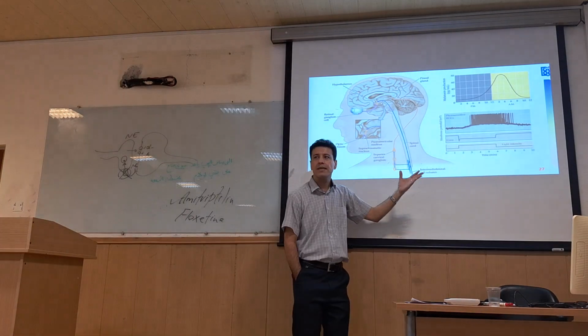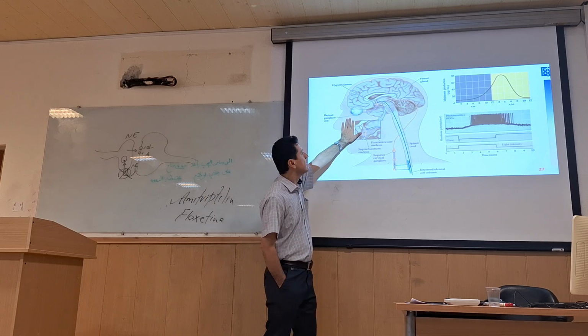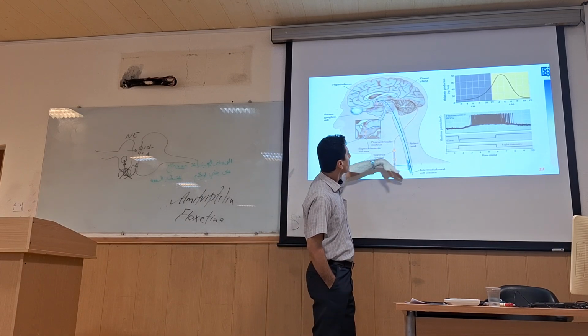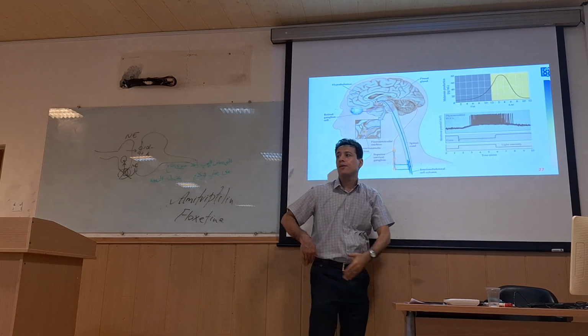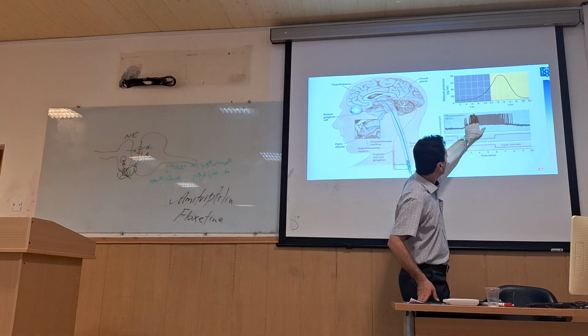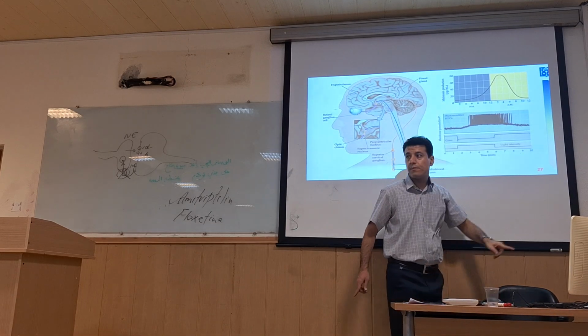But in the night, when it's dark, there is no light here, this nucleus is activated, and the sympathetic nervous system activates the pineal gland. The pineal gland secretes melatonin. So melatonin increases during the night. When? Between 2 and 4 a.m.